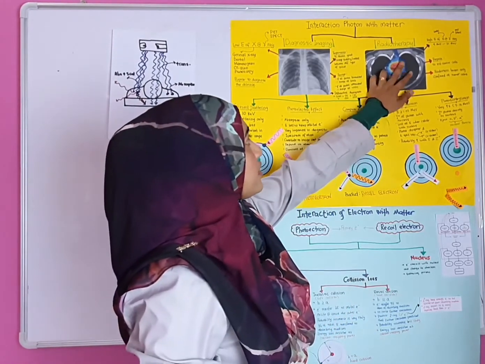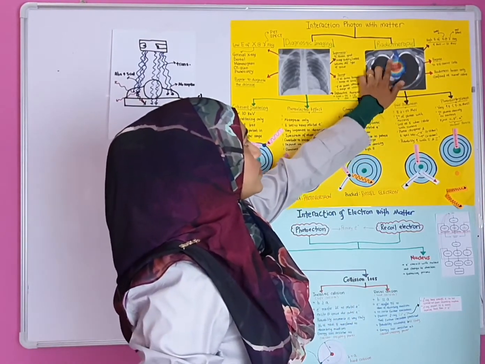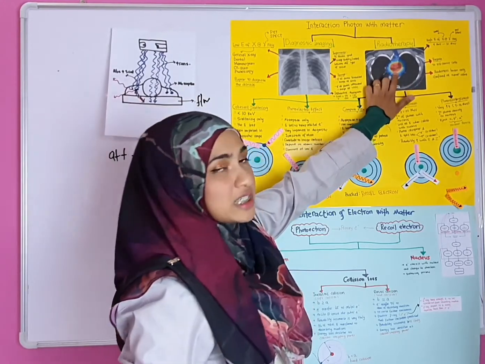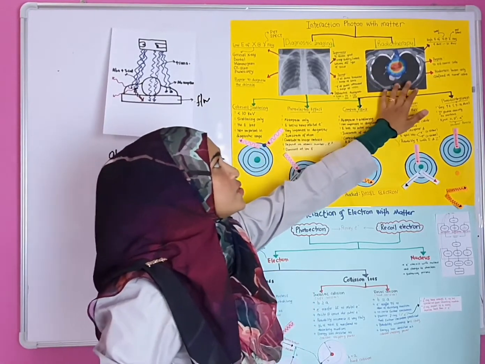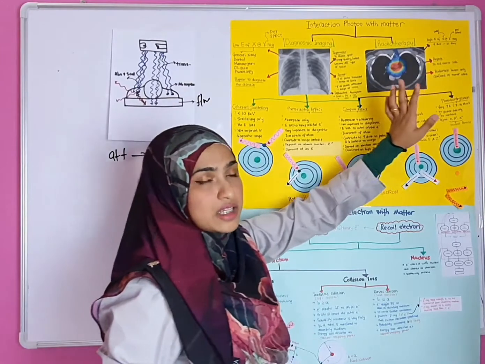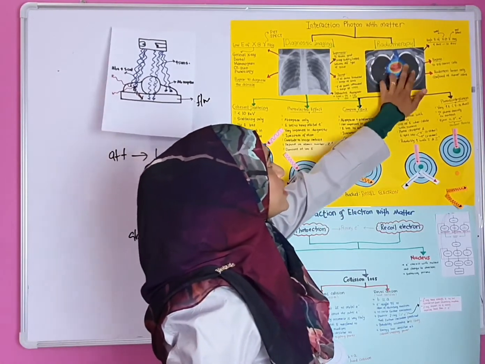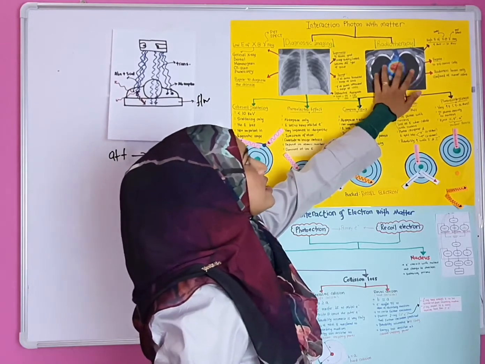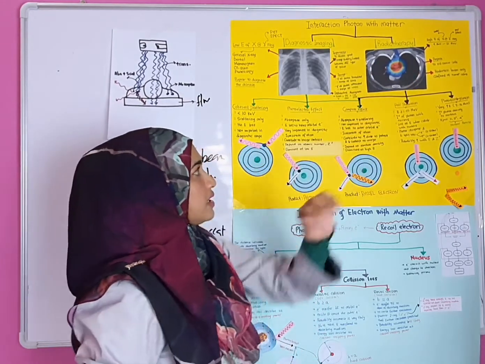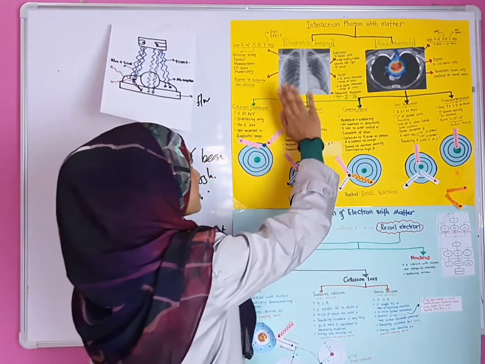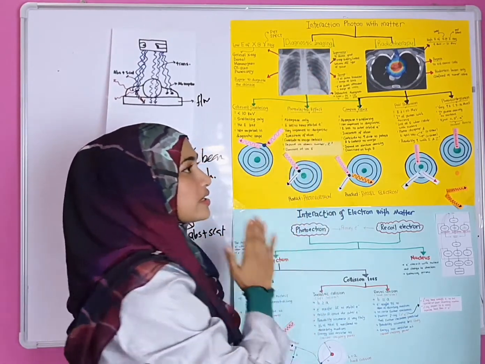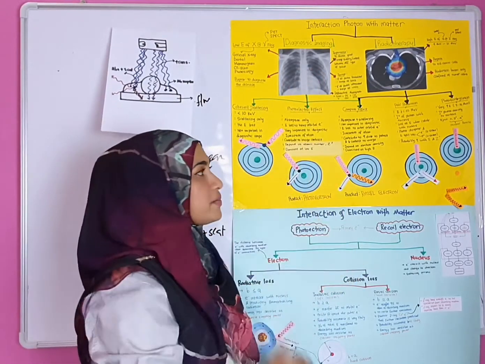For this one, we only confine the radiation to the cancer cells. Why? Because this uses high energy X-ray or gamma ray, so we want to make sure the normal tissue surrounding the cancer cells is safe. Okay, so you already understand the differences between diagnostic imaging and radiotherapy.